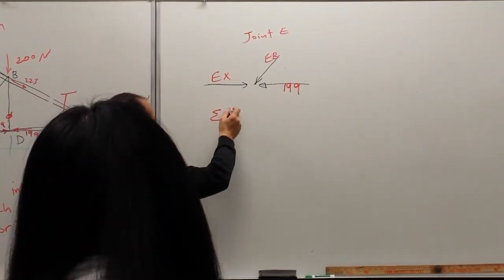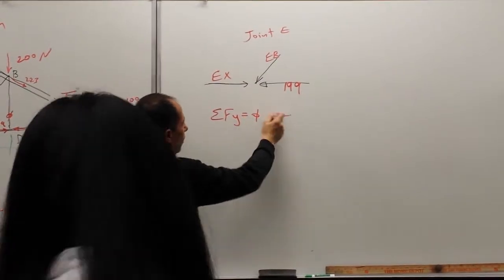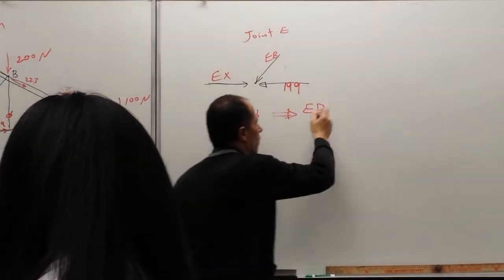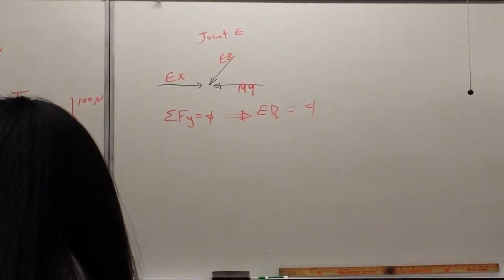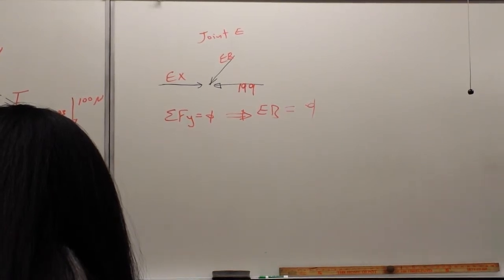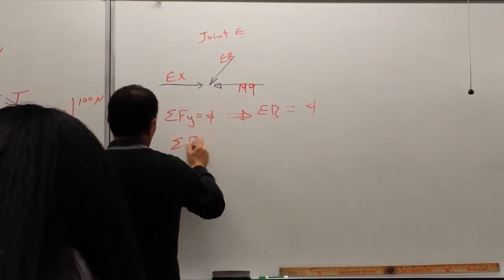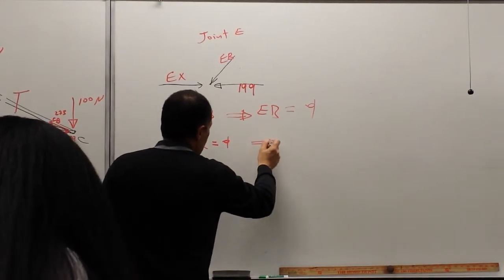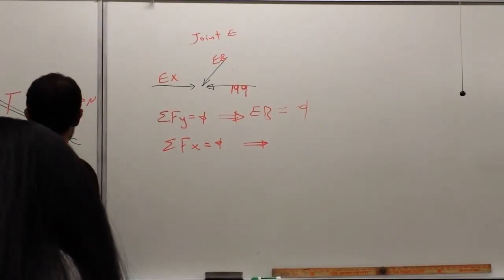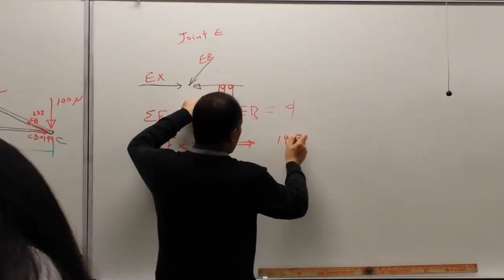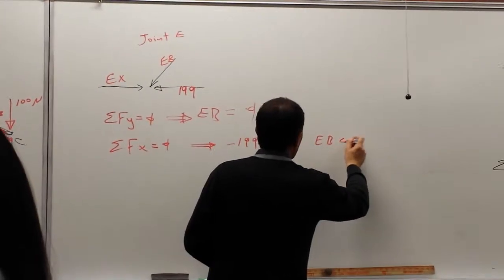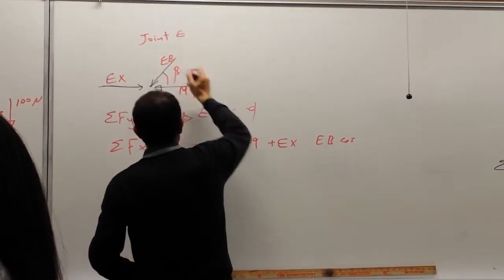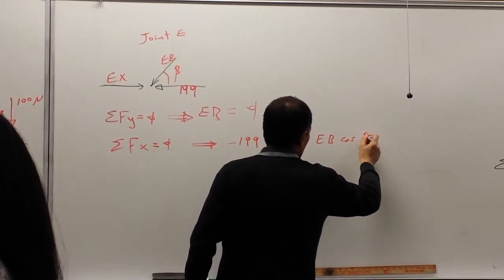Sum of forces on Y equals 0. This gives you EB equals 0. Agree? Sum of forces on X equals 0. This gives you, on X, EX minus 199, negative, EX is positive, EB cosine beta equals 0.